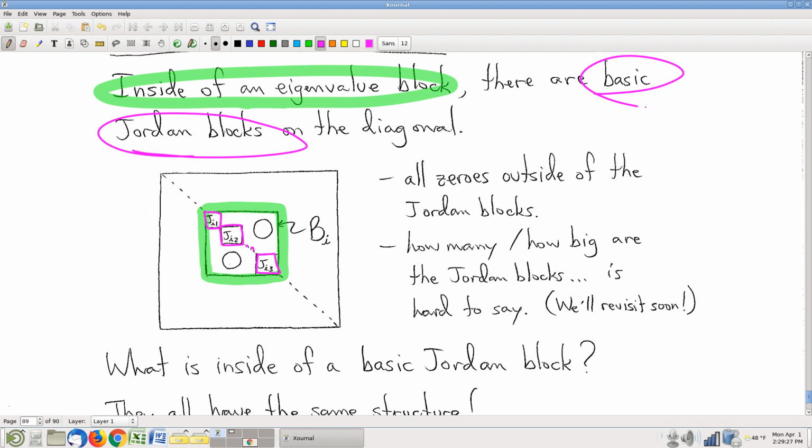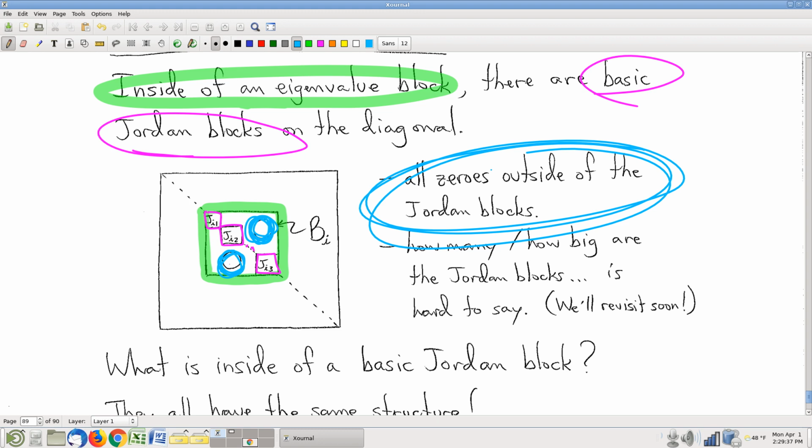More good news, all of the entries inside of the eigenvalue block, but outside of the basic Jordan blocks, are all zeros. So again, super news. Zeros are awesome. Zeros represent convenience and stuff I don't have to worry about, right? So it's a good thing. Okay. Exactly how many basic Jordan blocks are sitting inside of an eigenvalue block is a topic for another day. We won't have time to get to it.